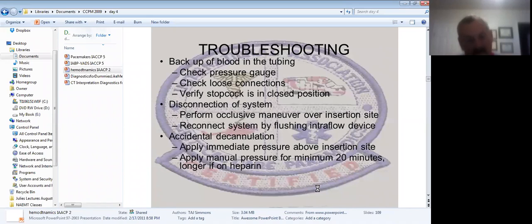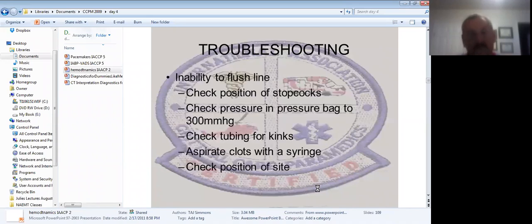And you may have to apply pressure dressings, God only knows what else. So you have to stop the bleeding, though. That's the take-home point there. You have to stop the bleeding because an accidental decannulation in transport means that one of us probably accidentally did it. So there is, of course, an enormous increase in your blood pressure at that point in time.